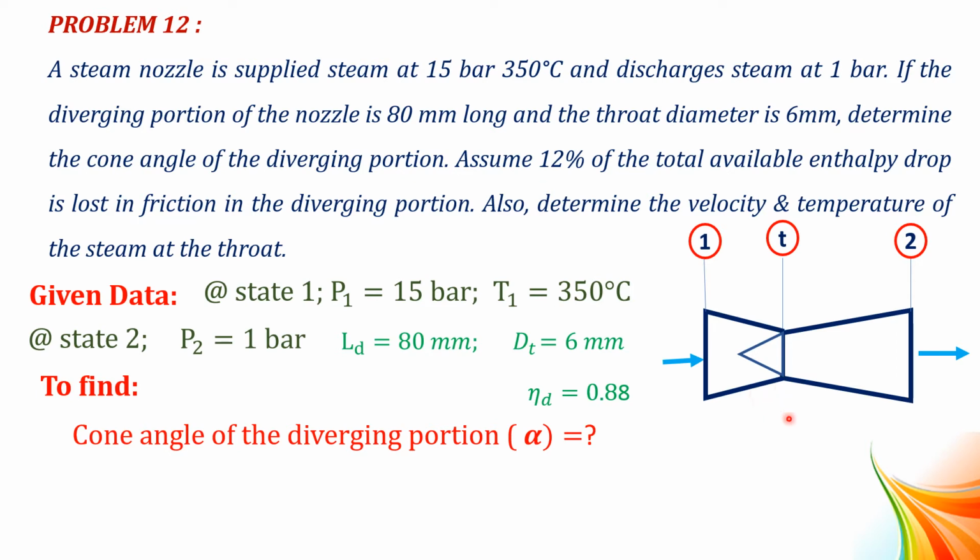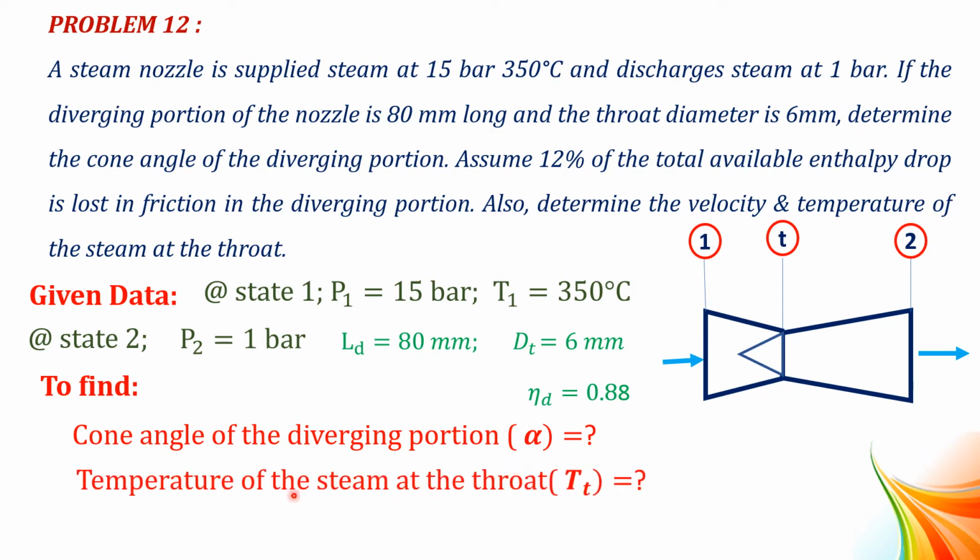So the efficiency of the nozzle at the diverging part is taken as 88%. Also determine the velocity and temperature of the steam at throat. So here first we have to find out the cone angle of the diverging portion alpha. Then we have to find out the temperature of the steam at throat, and also the velocity of steam at the throat Ct.